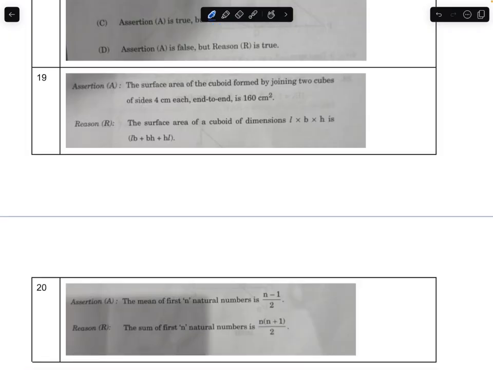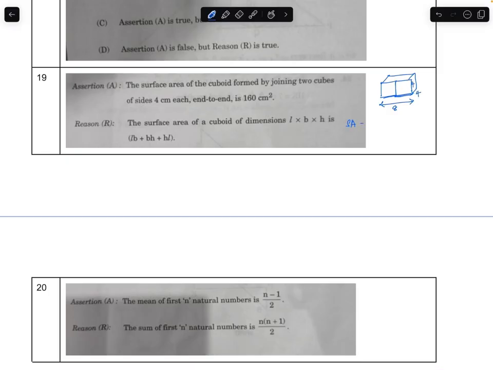Question 19. The assertion says the surface area of the cuboid formed by joining two cubes of sides 4 centimeter each end to end is 160 centimeter square. Two cubes are connected like this. The length of such a cuboid is 8 and breadth is 4 and height is also 4.